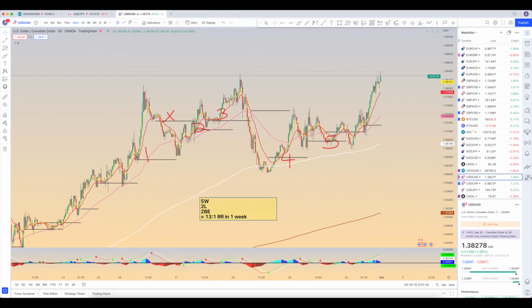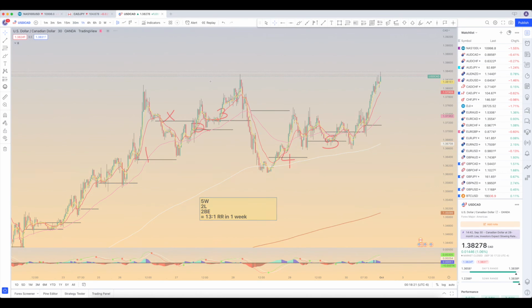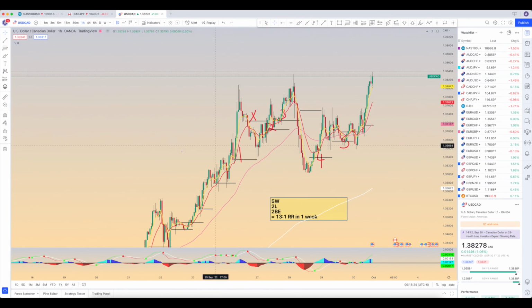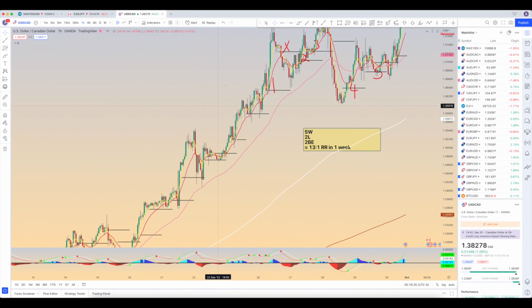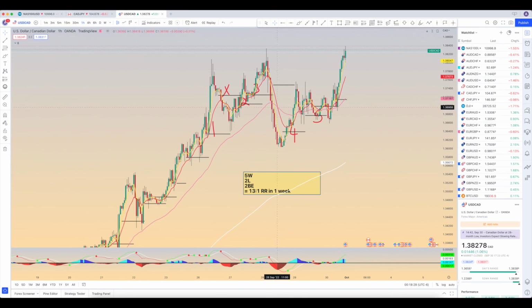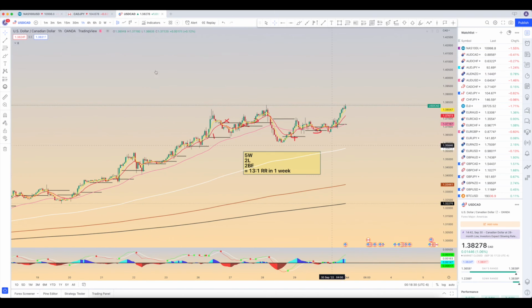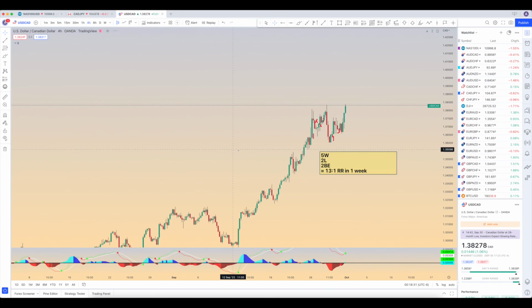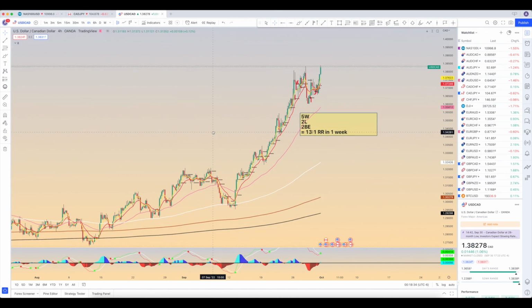Okay, so next week, what it looks like, it's setting up. That was even on the 30-minute, and on the 1 hour it's even more clear. But anyway, what I like to see is on the 1 hour and 4 hour, if I see the EMAs all pointing in the same direction, that's something I'd want to be trading. So USD CAD looks good.